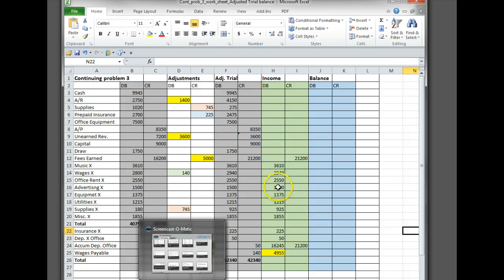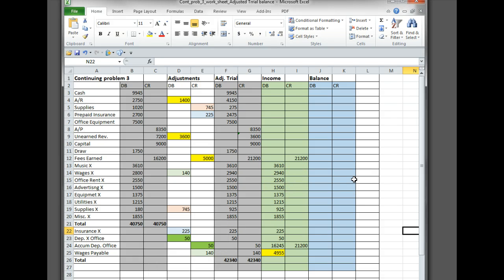And if I have done everything correctly, when I do my balance sheet here, this 4,955 should be the balancing factor, and we're going to hope that's correct. If I have not missed anything, let's hope I haven't.